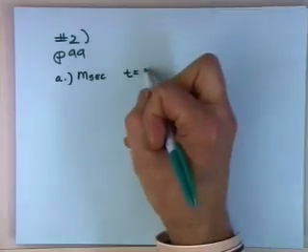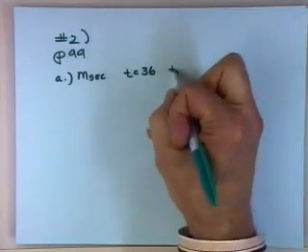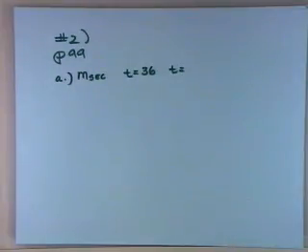So it looks like we're going to do the same thing several times over. Let's do what they want first. So we want the slope of the secant, so an average rate of change, and we want to go this time from our initial time 36 to an ending time of 42.